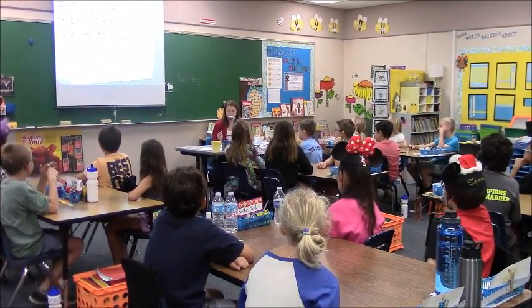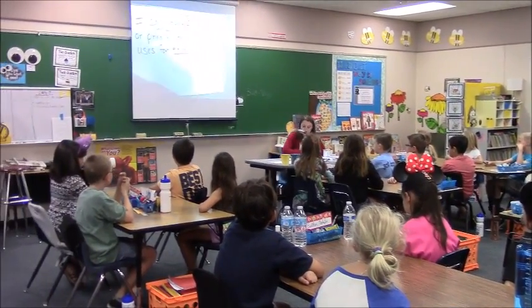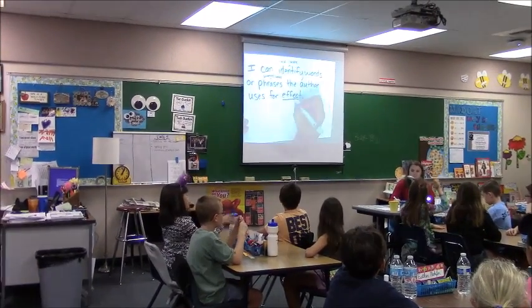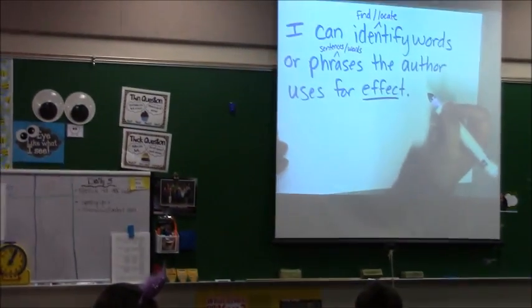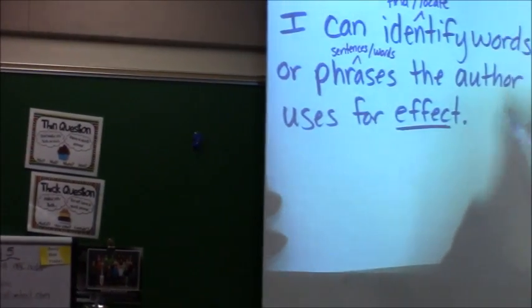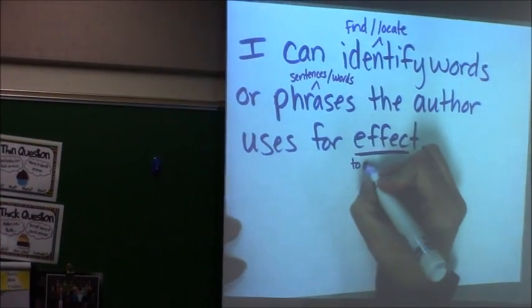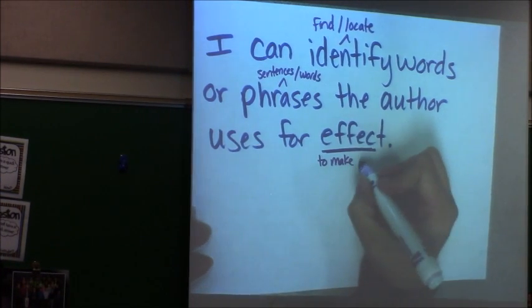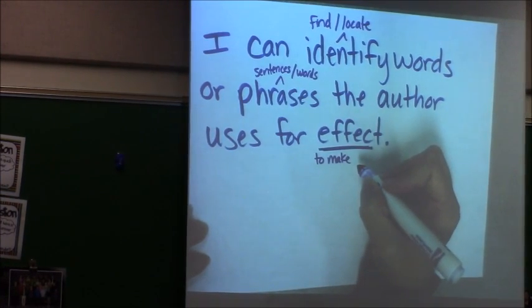What is effect? That's the new word of the week. For effect. To do what? What's the purpose? What's the effect? Alex? The effect is to make the reader more interested. To make the reader more interested, sure. To make it more what?